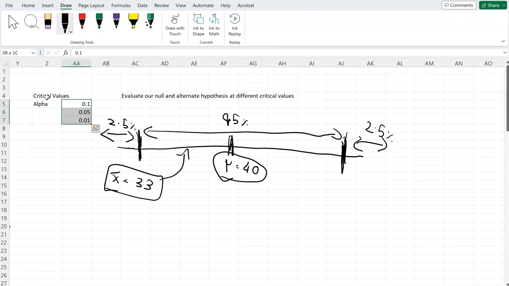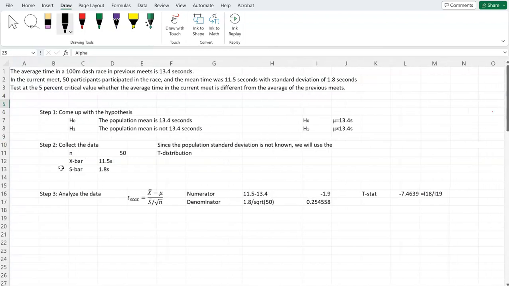We will look at the same question and see how we evaluate it at different levels of alpha. Then we are going to see what kind of statement we write based on the critical values we have. So let's look at one example.